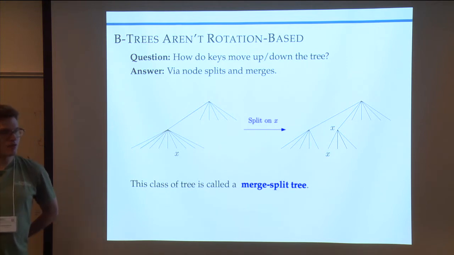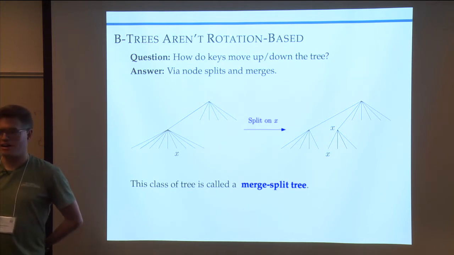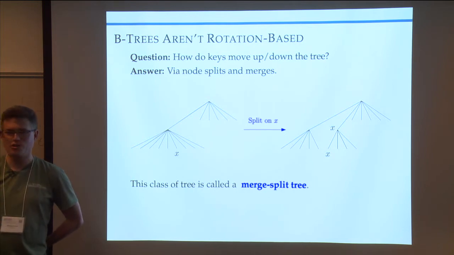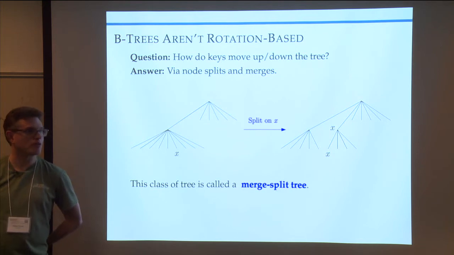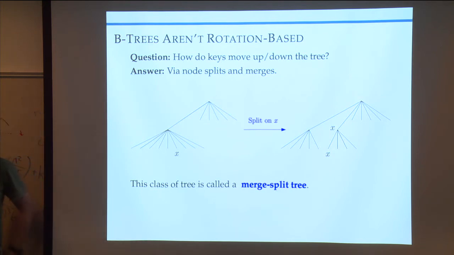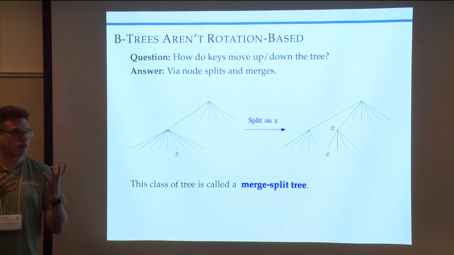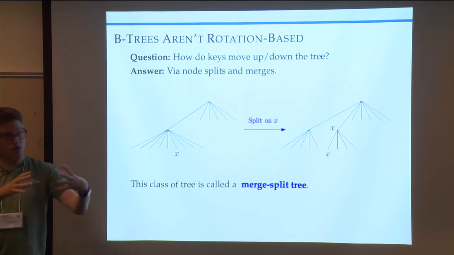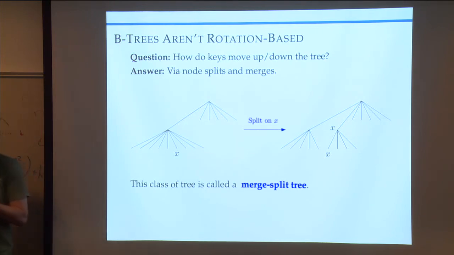There are a lot of different merge-split trees, but somehow, I'm not sure there are as many as one would think, because people view this as a little bit grungy. But there are different ways of choosing when you merge, when you split. For example, there's something called weight balance, which is one way of determining when you merge and split. And then there are other ways, different triggers for determining when to merge and split.